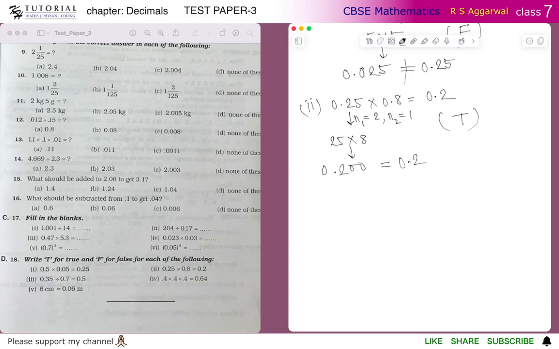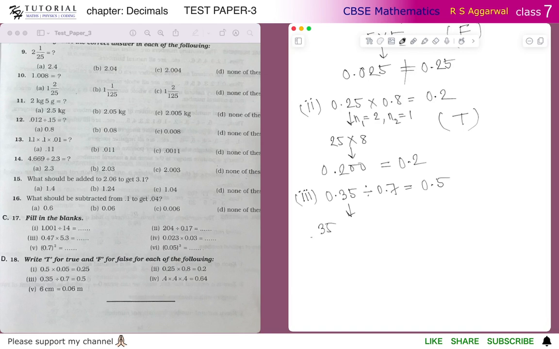Let's see 3. It says 0.35 divided by 0.7 equals 0.4. So let's compute the left hand side. It's a division of a decimal number by another decimal number. So first we convert the two decimal numbers to decimal fractions.